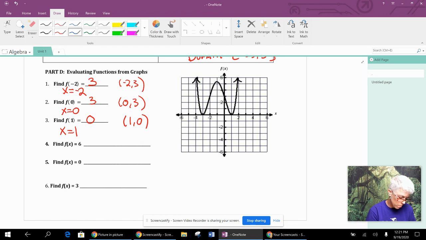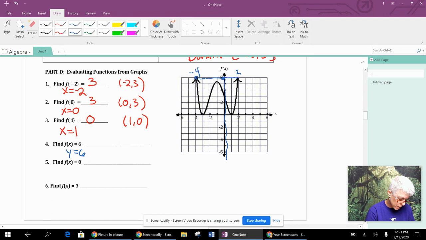And now we're going to do the y's. So if I look at number 4, it's saying that y equals 6. So this is my y-axis. So I go up here where y is 6. And I come over here and I have a 2. And I come over here and I have a -4.